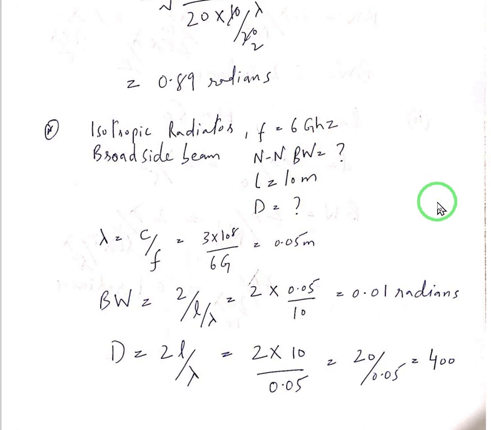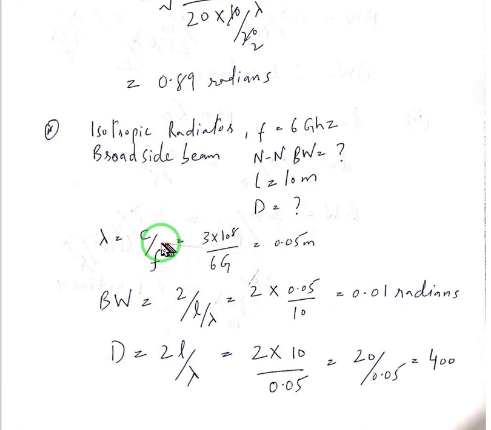So here we have an isotropic radiator array generating a broadside beam, which has been defined earlier, with a signal frequency of 6 gigahertz, and we have to find the null to null beam width and directivity with the length of the array being 10 meters.